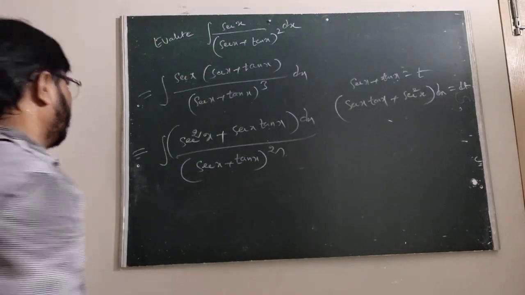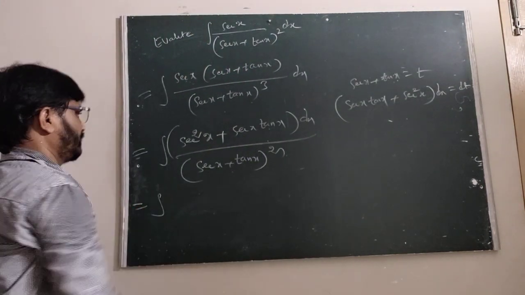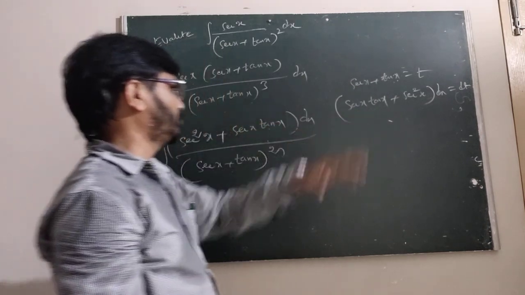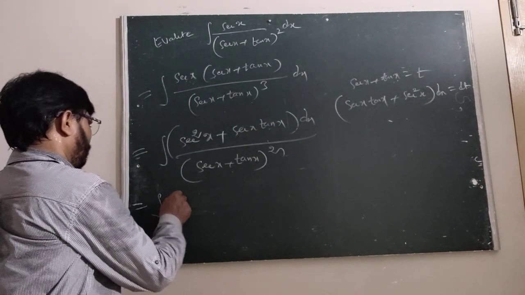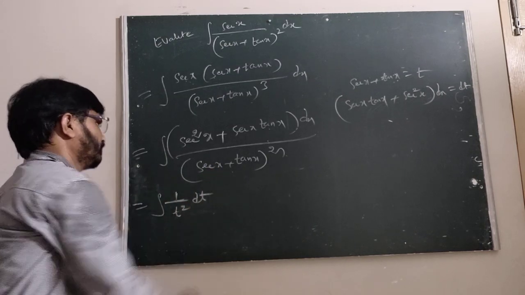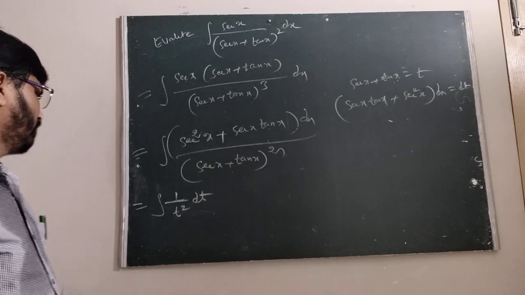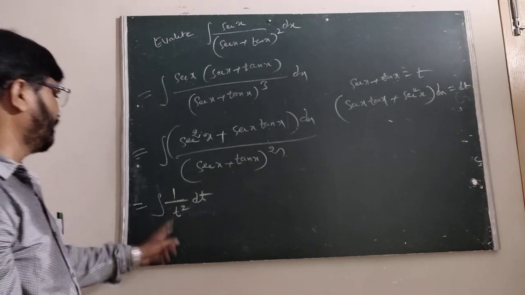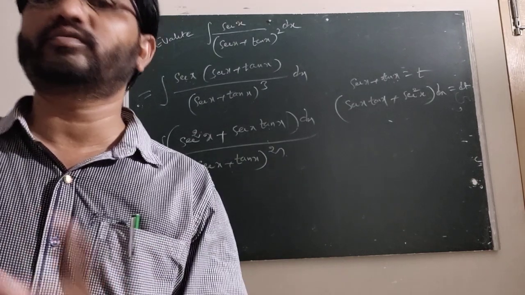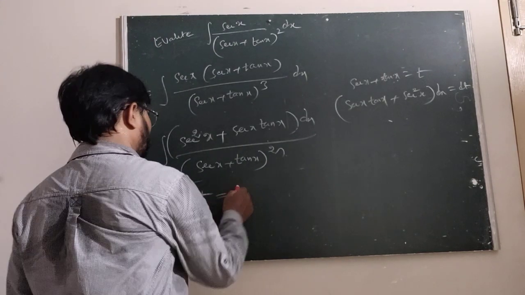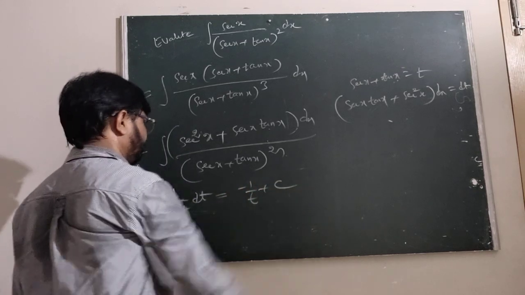Now we can write the integral of secant square x, secant x into tan x, dx as dt, 1 upon t square into dt. We know that the integral of 1 by t square dt is minus 1 by t plus c.